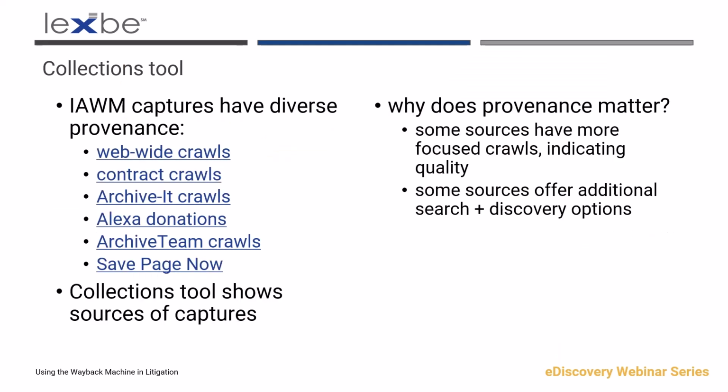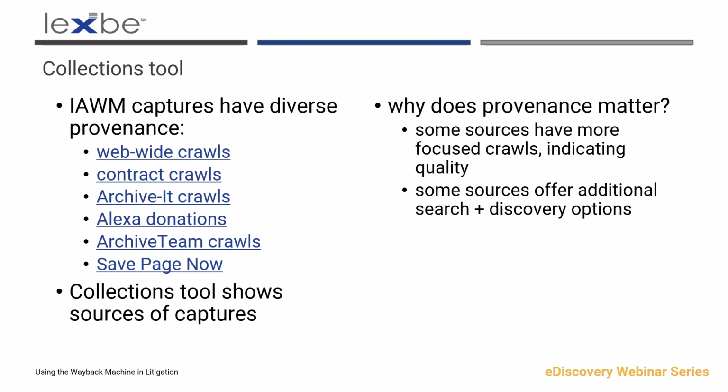The Wayback Machine has a feature called the Collections tool, which shows the diverse provenance of the archive web content that it makes available. While I previously discussed the Internet Archive's web-wide archival crawling, there are in fact many different sources for the web content in the Wayback Machine.